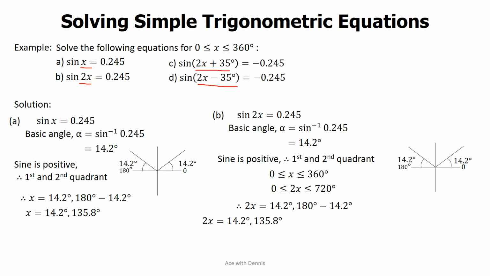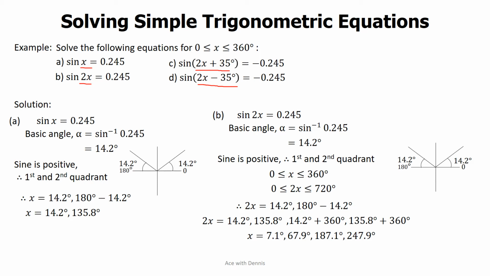But our answer doesn't stop here. We can consider each of these angles plus 360 degrees. Okay, so 14.2 degrees plus 360 degrees, or 165.8 degrees plus 360 degrees. So all the angles also need to be divided by 2. Therefore, x equals 7.1 degrees, 82.9 degrees, 187.1 degrees, and 262.9 degrees.